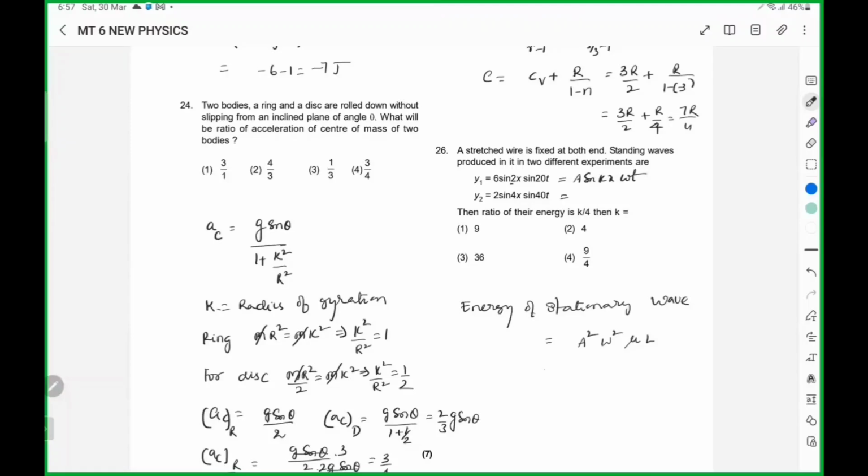So that means a square is 36. So omega here is 20. So 20 square. So this is mu into L, which is nothing but mass per unit length, let us say 1.